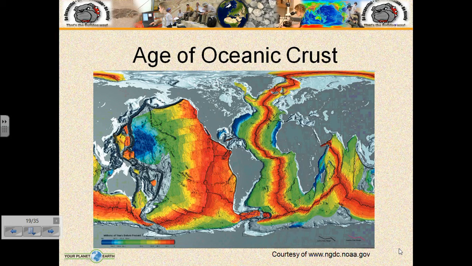Looking at the image provided, the colors depict the relative age of the rock. In this classic example of seafloor spreading, the red regions represent areas of rock that are newly formed.